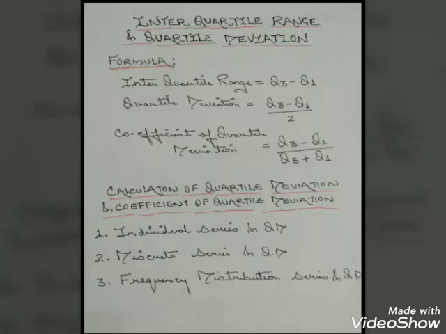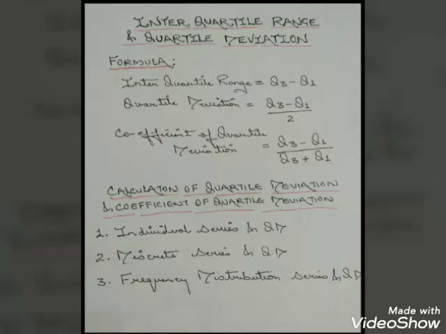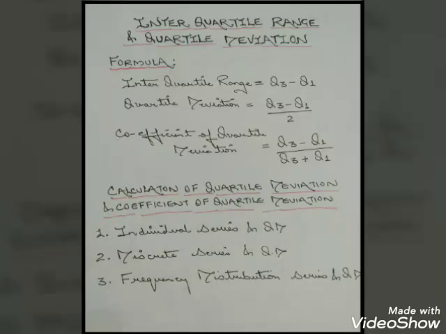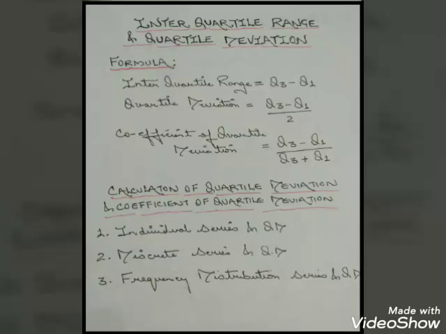Now here I want to tell you children that the quartile deviation and the coefficient of quartile deviation can be calculated for three different statistical series. The first one is individual series, the second is discrete series, and the third is frequency distribution series.